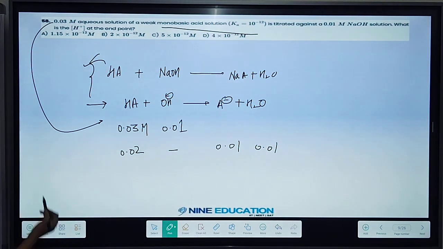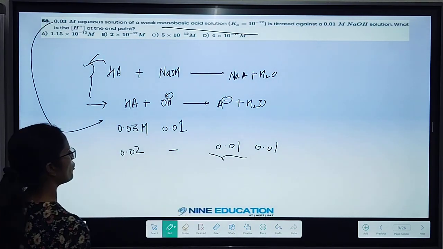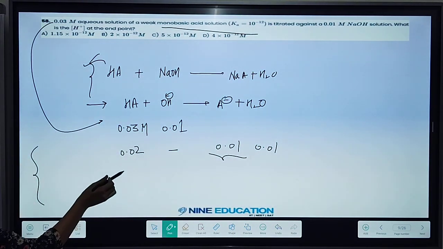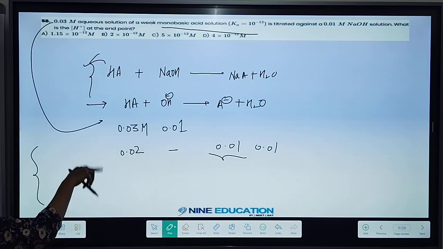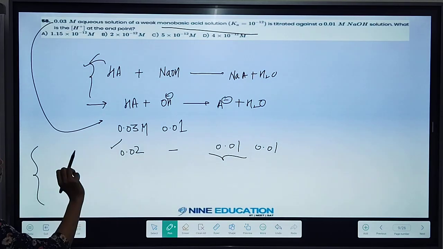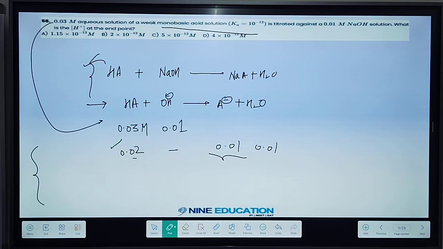Now we need to understand what we are left with. We have this 0.01, which is the concentration of A minus. Obviously Na will be there, right? So some salt NaA is there, and we have some weak monobasic acid left over, with concentration 0.02.